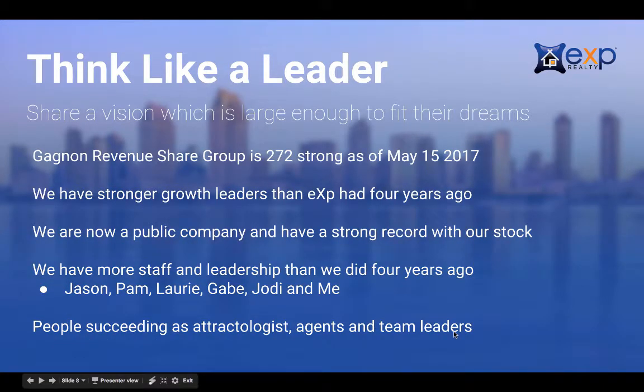And then, for me, thinking like a leader means that you have got to be able to share a vision which is large enough to fit others' dreams, right? If my vision was to make $100,000 a year, and I'm talking to someone who has a vision of making $500,000 a year, why would they follow me?